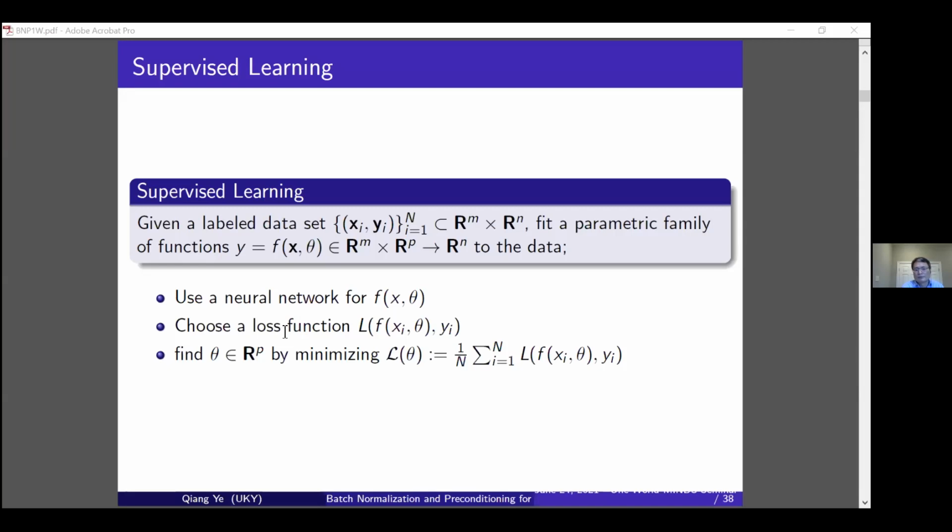Once we have a family of functions chosen, then we need to choose a loss function for the model output and the label. f of x theta is also called the model or machine. Once we have the loss chosen, we fit the data by finding the theta to minimize the mean loss, which we also call the empirical risk.